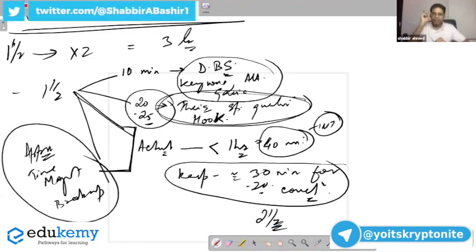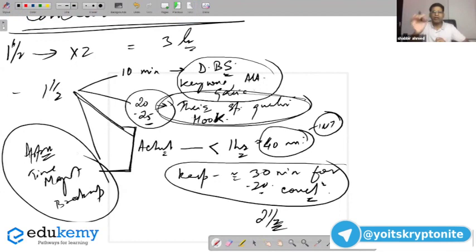Within 10 minutes, finish your directed brainstorming. What are the keywords, what are the alternate words, what are the generic questions, finish that off in the first 10 minutes. In the remaining 20-25 minutes, write the thesis in rough. Remember, this is all in the rough. Write the thesis in rough.